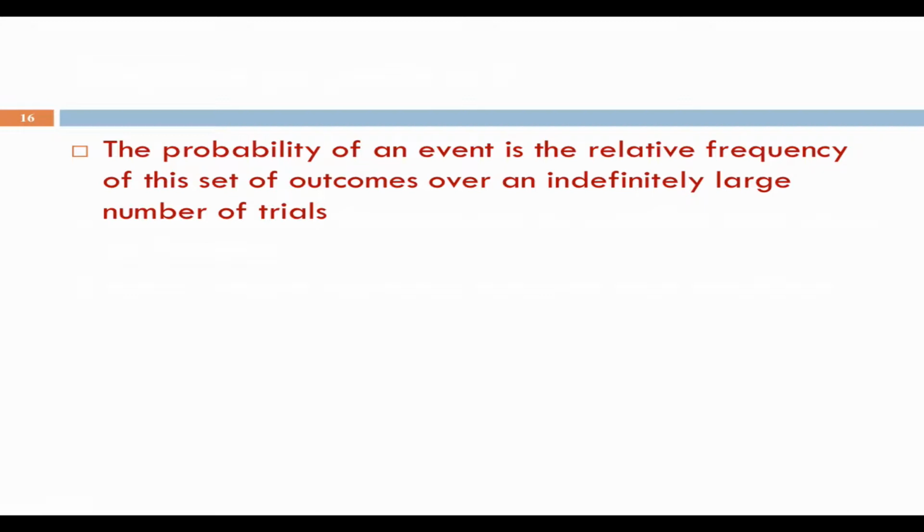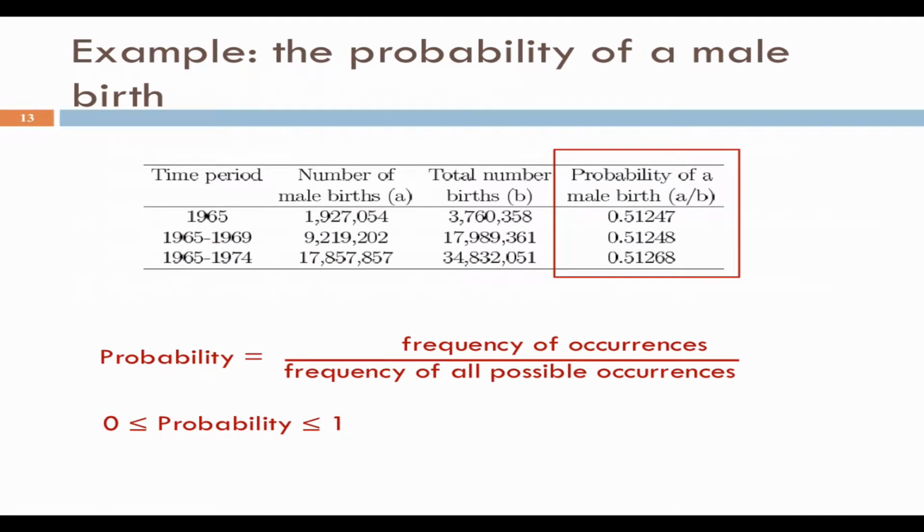This sentence tells you the two fundamental rules to estimate probability. First, you need to get this ratio: the frequency of the event you're interested in over the frequency of all possible occurrences. And second, you can only reliably estimate probability if you have a very, very large number of trials.